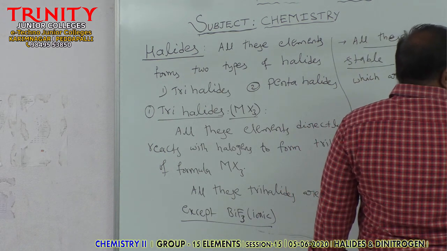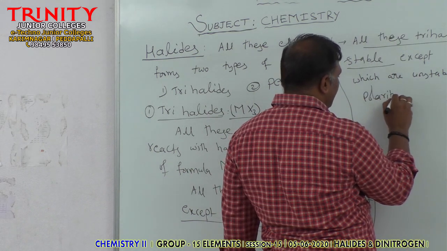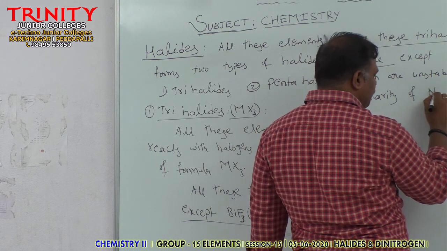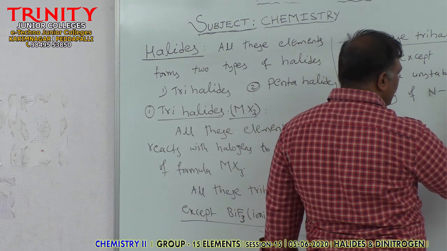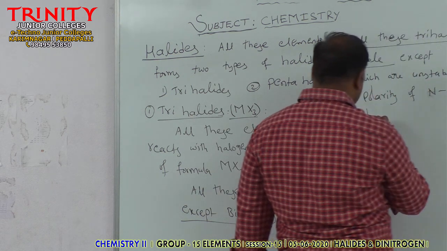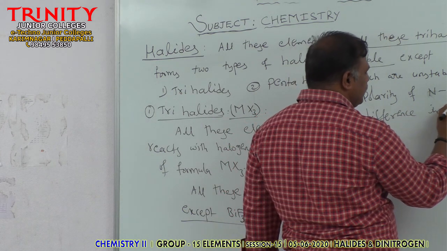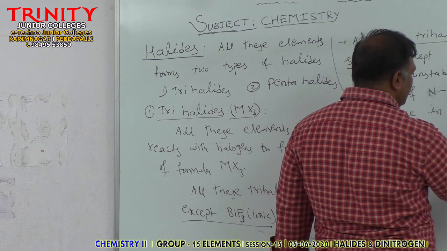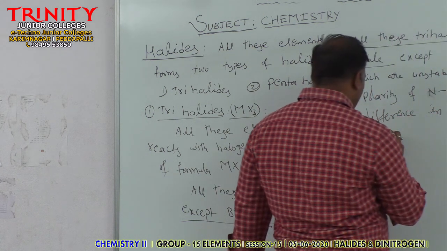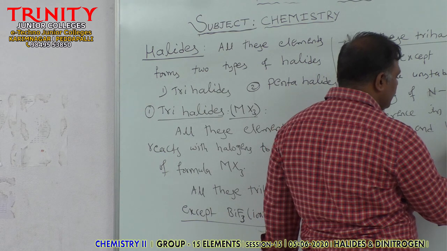They are unstable due to the low polarity of the N-X bond and a large difference in the size of the nitrogen atom and halogen atoms.